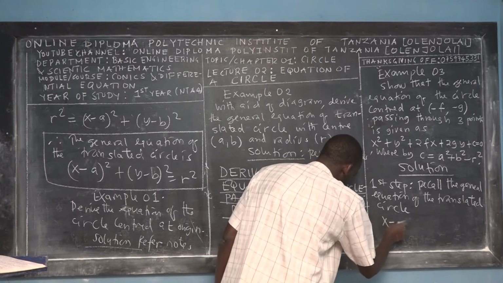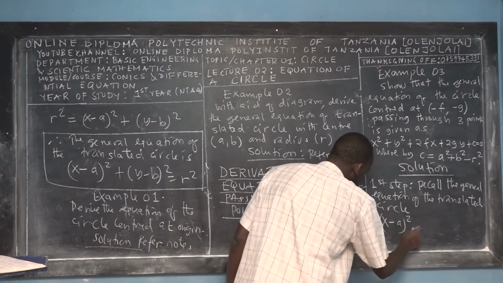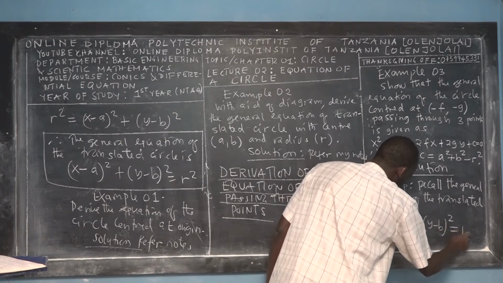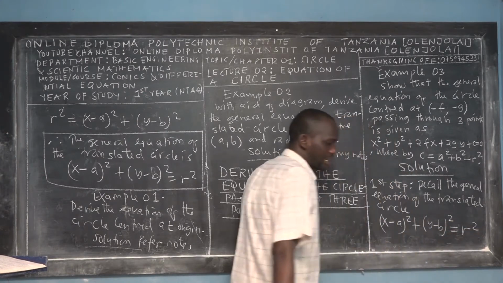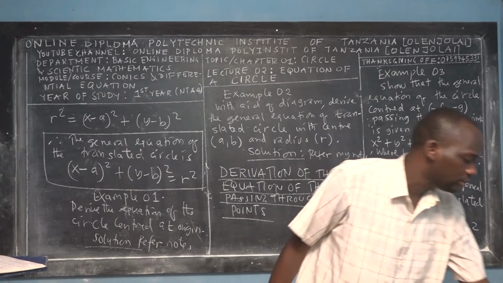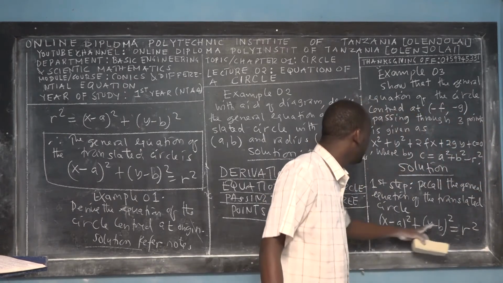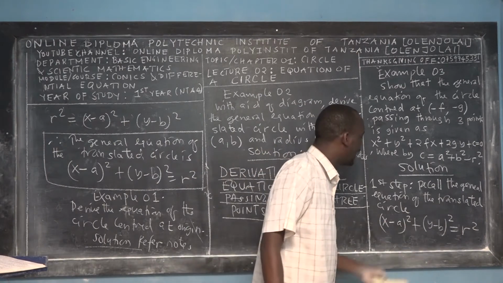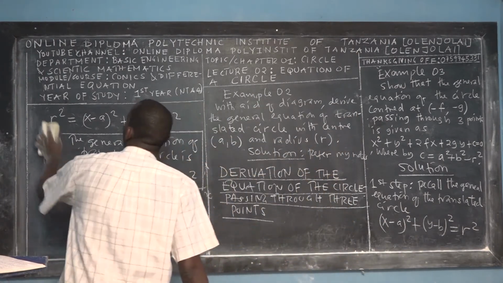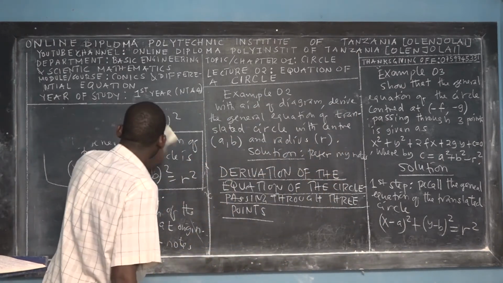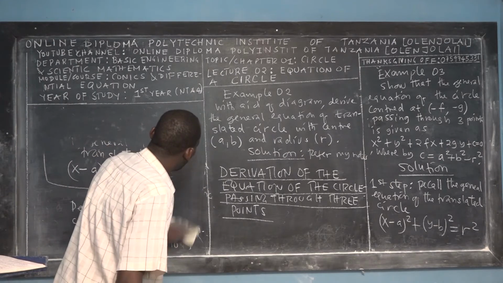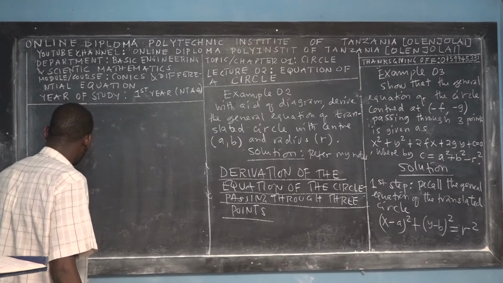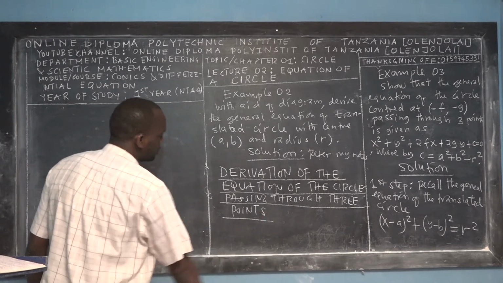I told you that it is x minus a squared plus y minus b squared is equal to r squared. What does r mean? Radius of the circle. What does a, b mean? Center of the circle. And then x, y is any point on the circumference, any point along the circle.